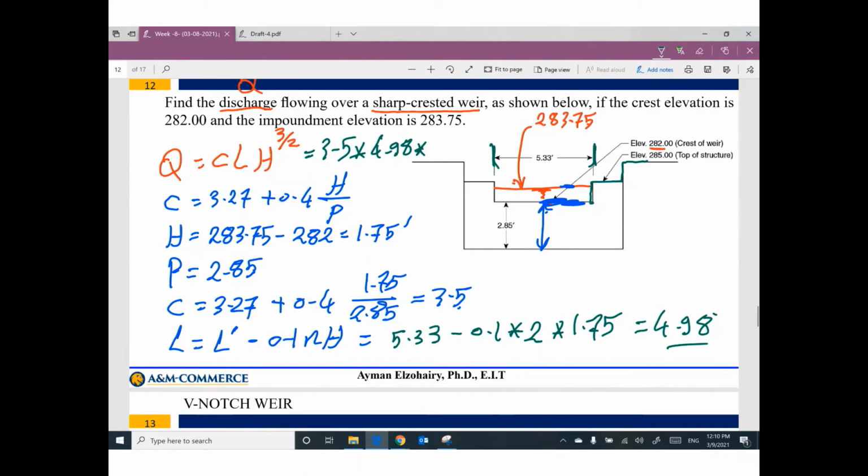H equals 1.75 to power 3 divided by 2. This discharge will be 40.4 cubic feet per second.